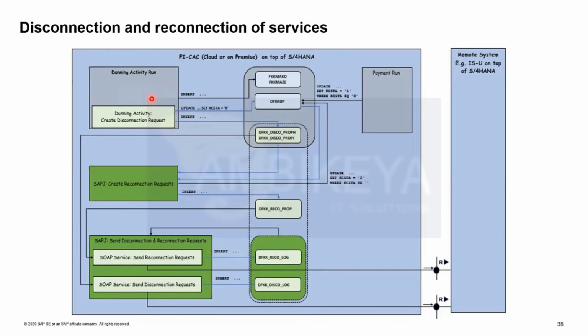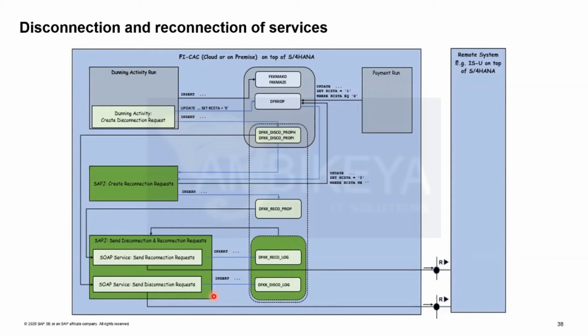You can customize the system so that you create so-called disconnection requests and trigger those disconnection requests to a remote system. In FICA, we do not control whether the disconnection really happened. We only create proposals for disconnection. The decision about the real disconnection happens somewhere else.